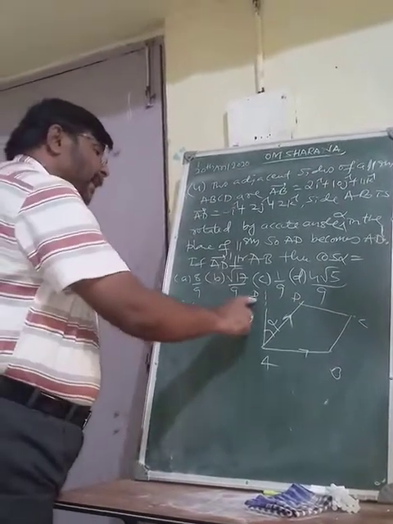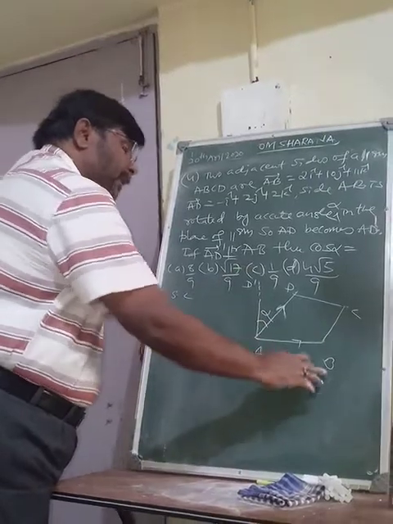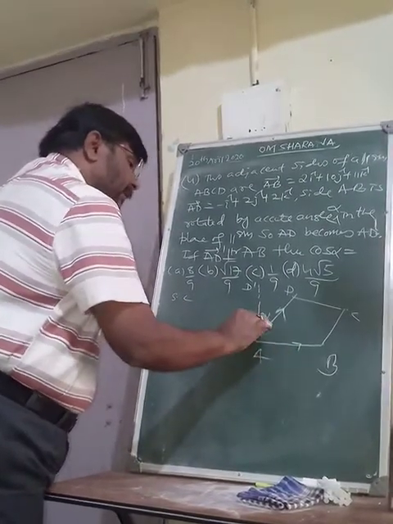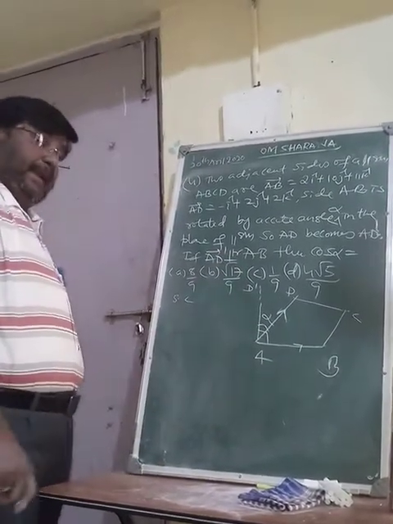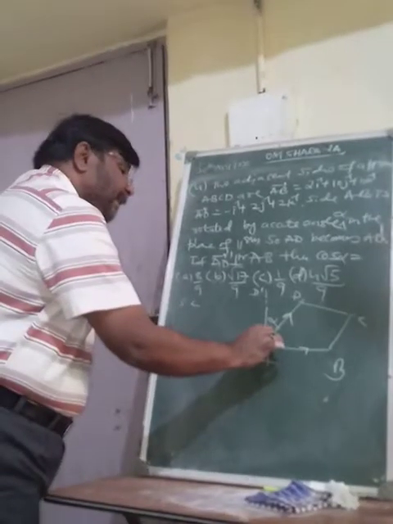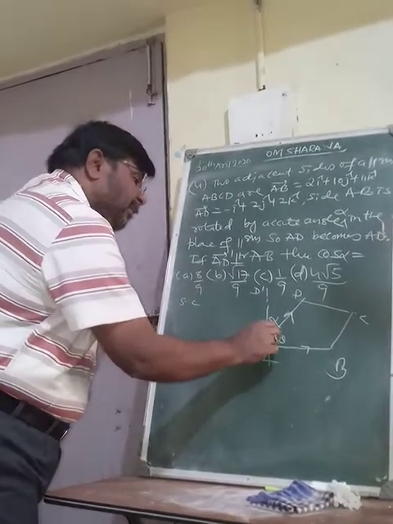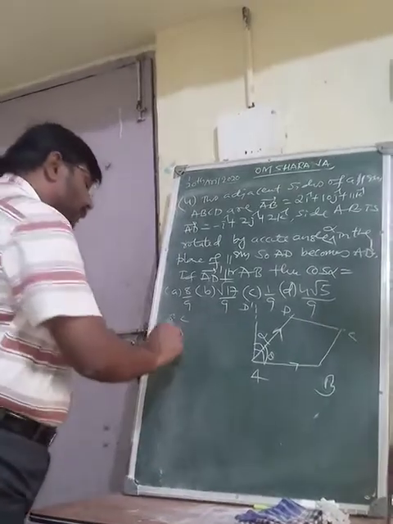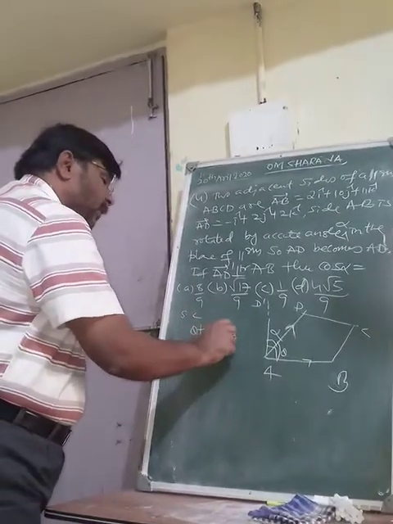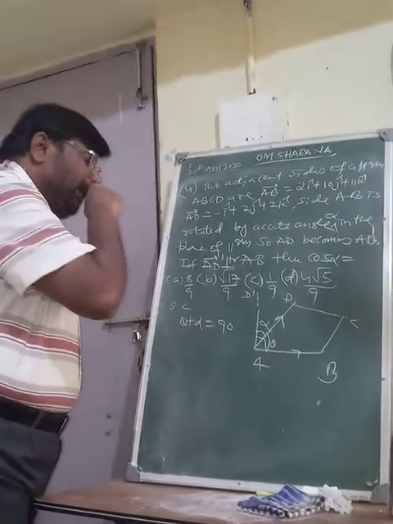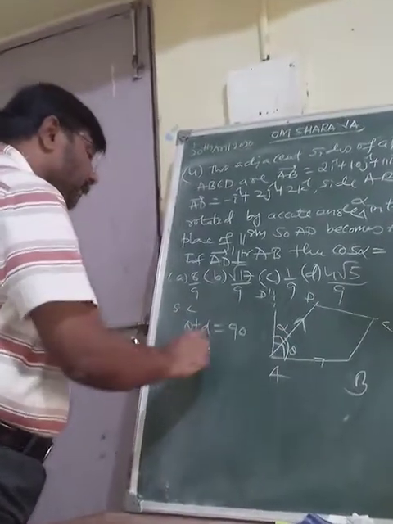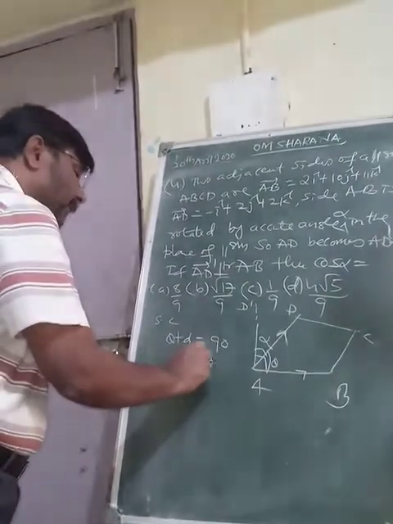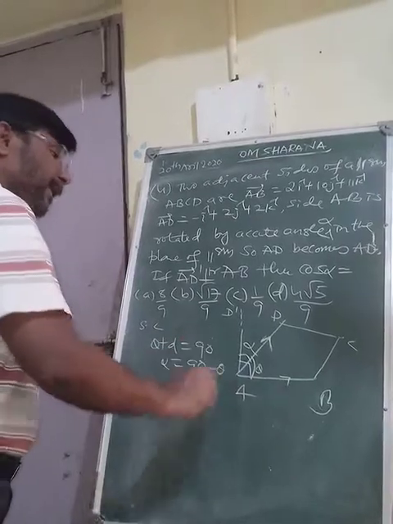And given that AD dash is perpendicular to AB, this total angle is 90 degrees. So we can take this angle as theta. So theta plus alpha equals 90 degrees. But our aim is to find alpha. So alpha equals 90 minus theta.